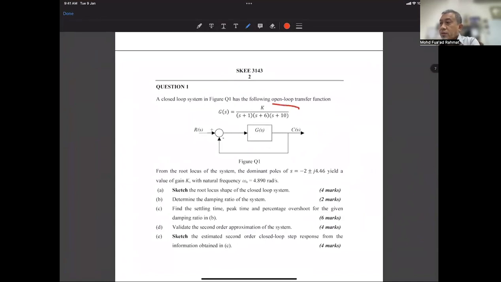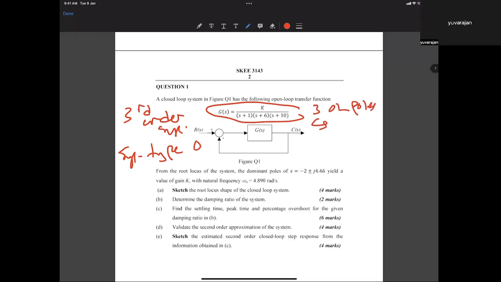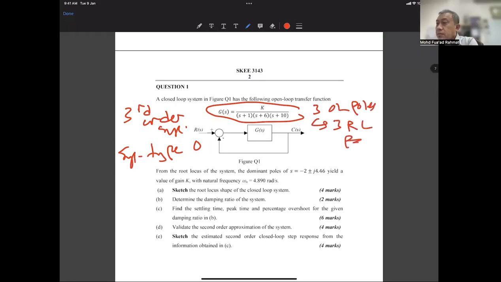By looking at this, it is a third order system. System type is 0. So 3 open loop poles, meaning that there are 3 root locus paths.